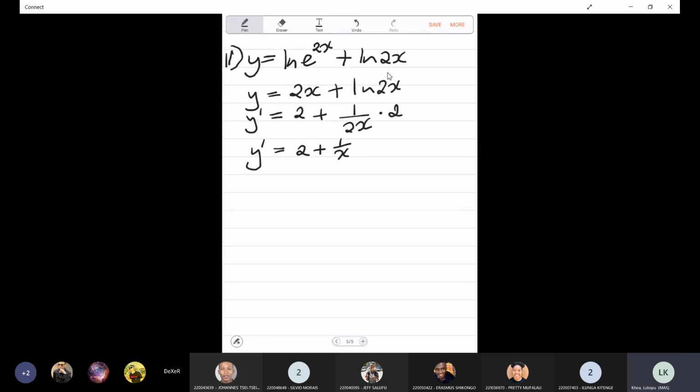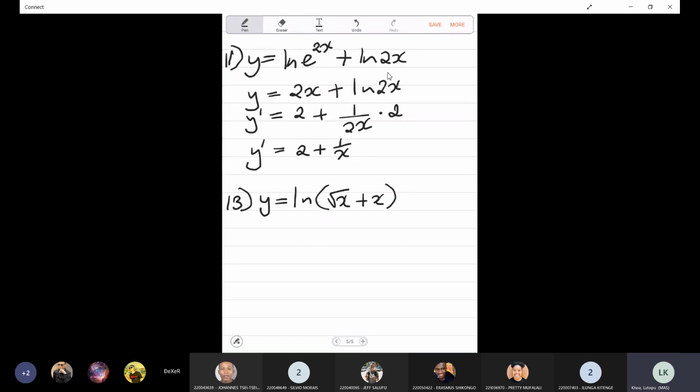And then number 13, we have y is equal to ln of the square root of x plus x. Then here again, finding the derivative, this is a logarithm.